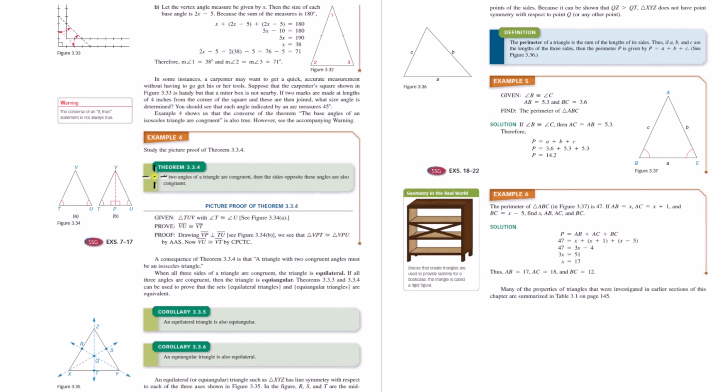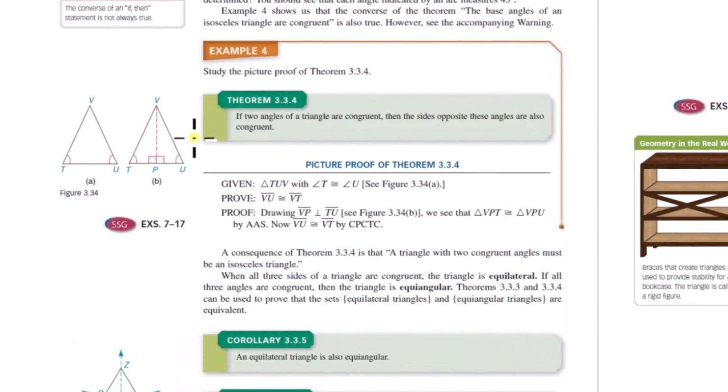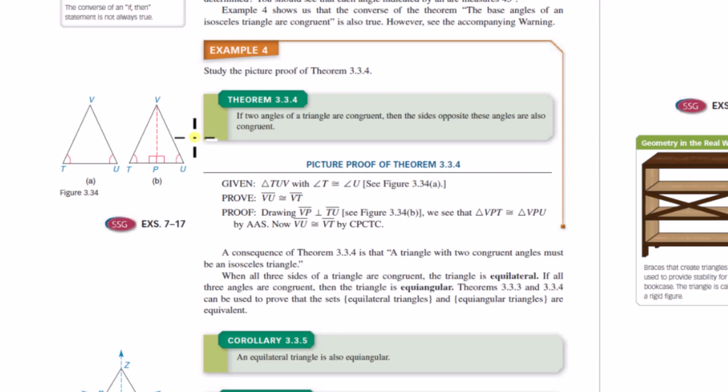Okay. Now, this next theorem is the converse of the theorem that says that the base angles of an isosceles triangle are congruent. So in this case, the theorem is that if two angles of a triangle are congruent, then the sides opposite these angles are also congruent.